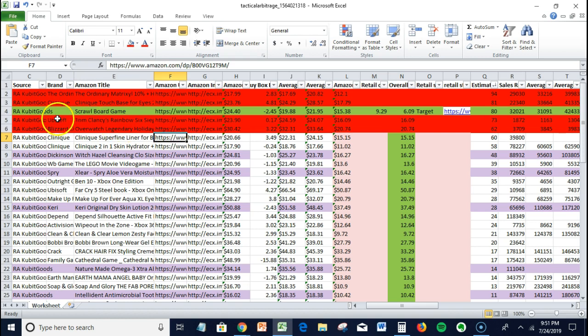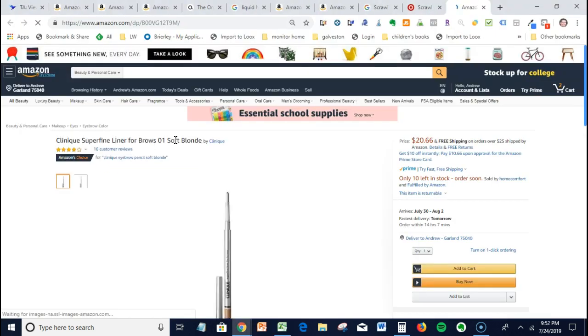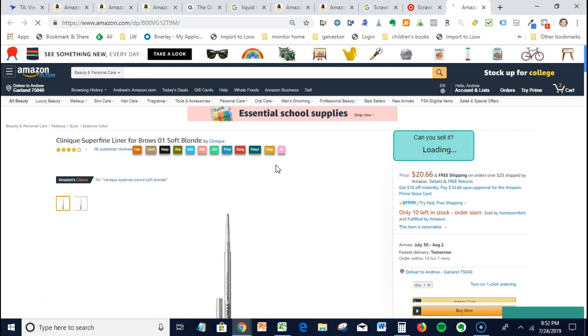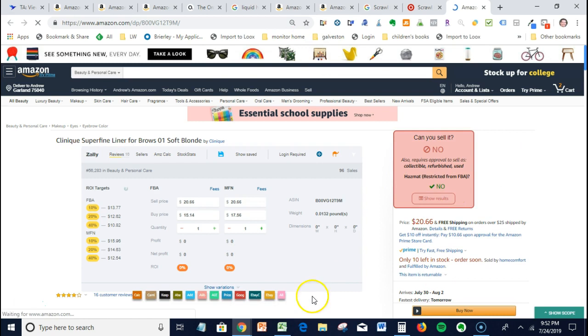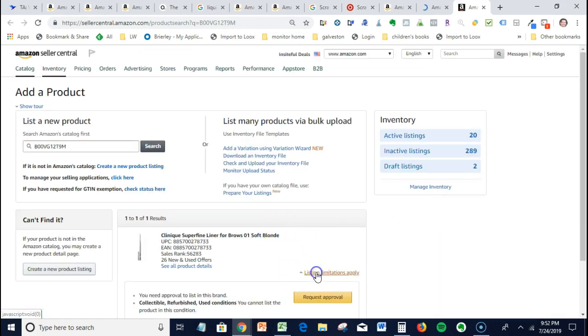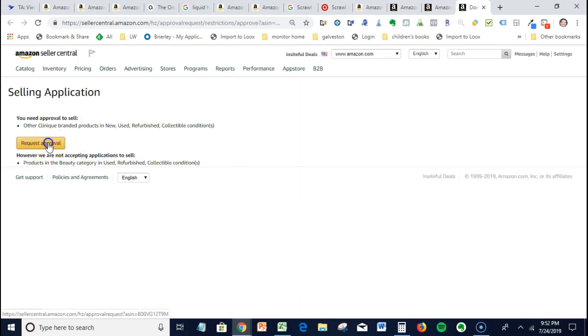I believe once you find a brand that's restricted, like if you get a lot of restricted for a certain brand, Clinique for instance, then you can just basically make all those red instead of having to check all of them. Instead of deleting the row, just make it red. See right there, that probably means the brand is restricted. Sometimes when you're here, you can just request approval, and sometimes it will actually say you're approved.